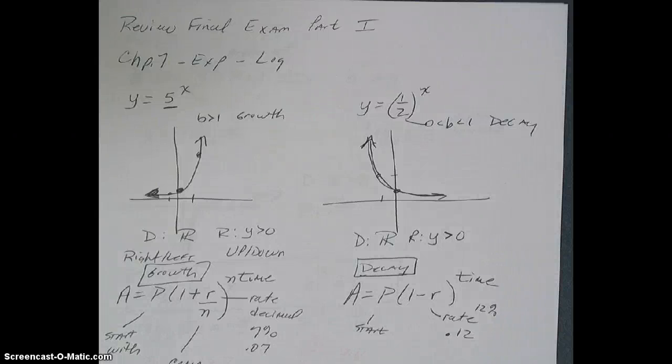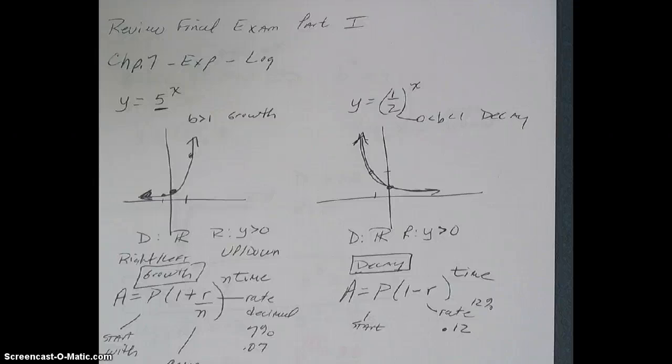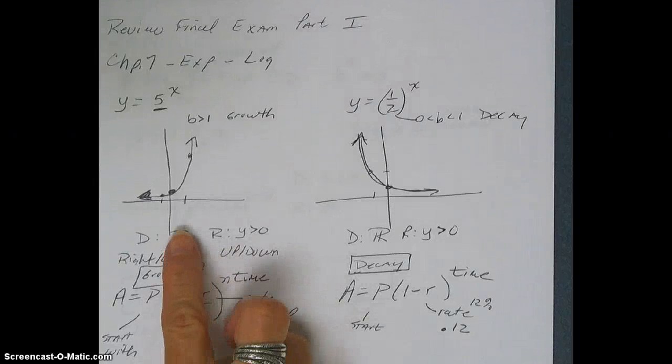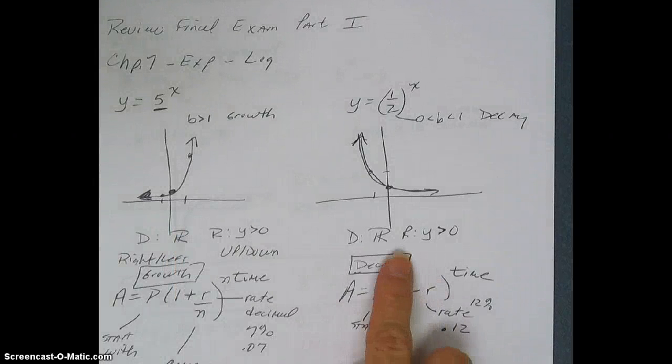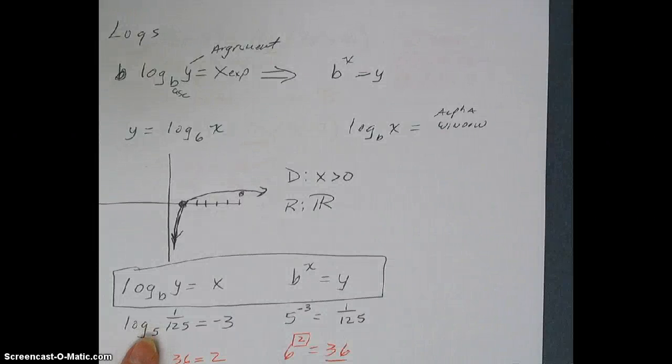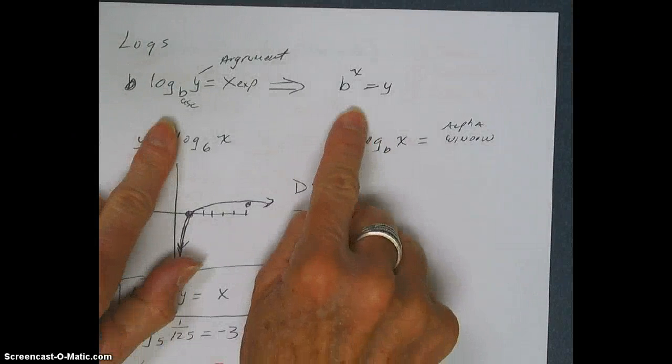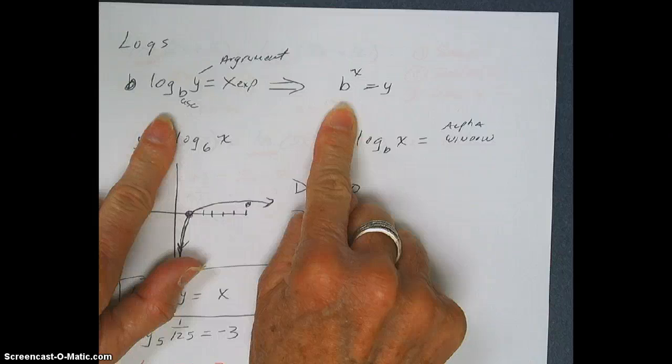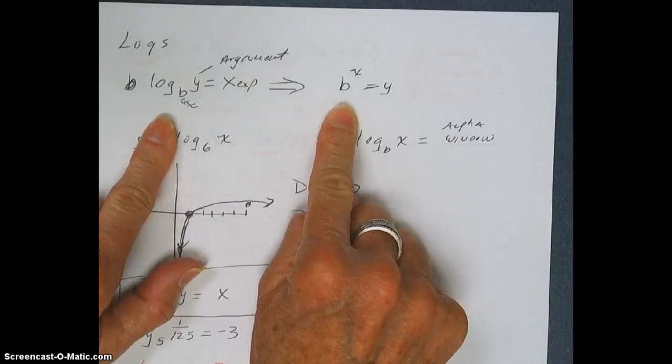So looking through your notes for Chapter 7, just a quick recap. You'll need to know how to graph a growth, a decay. You'll need to know both of your formulas and how to use them. It's important that you know how to change a logarithm to an exponent.